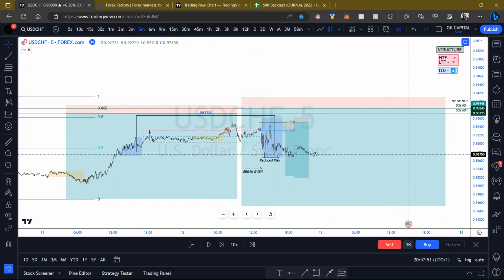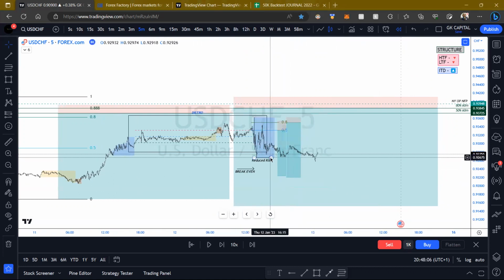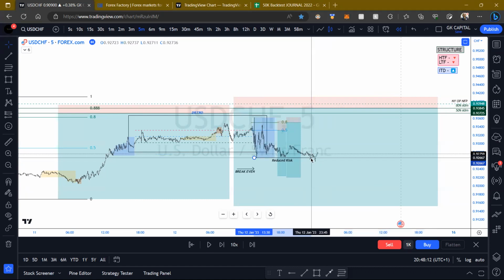It could activate during the night, but I'm not going to be awake to do that. So I will just go ahead and reduce my risk to here. But let's just see if it does happen. Yeah, there you go. So reduced risk would have happened overnight, around midnight my time.